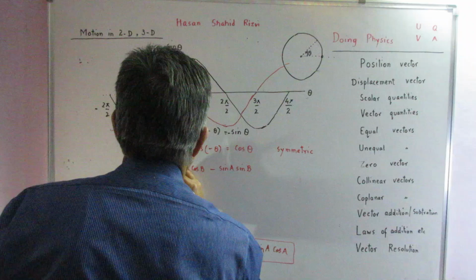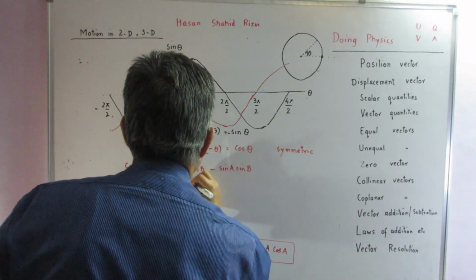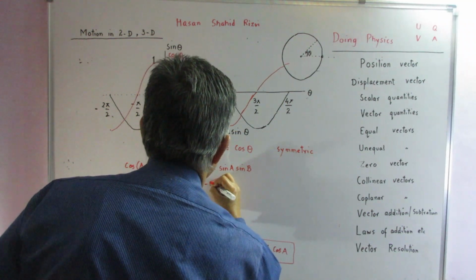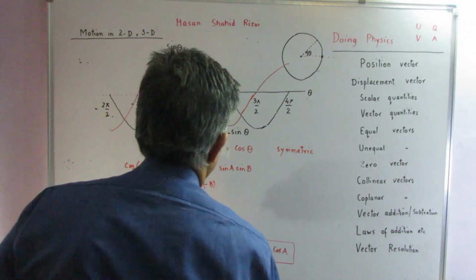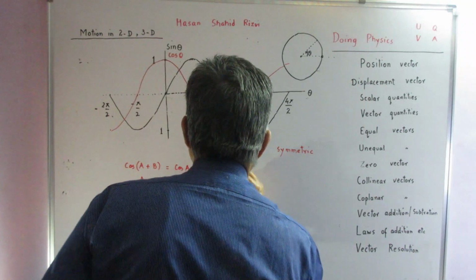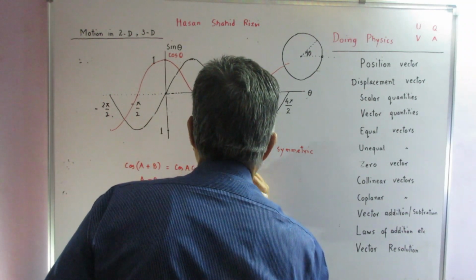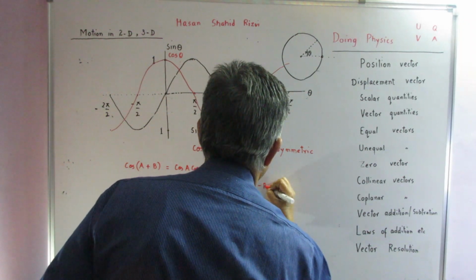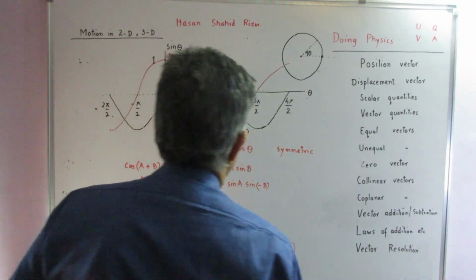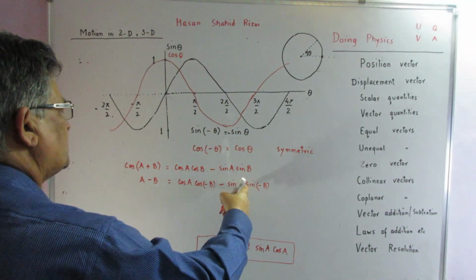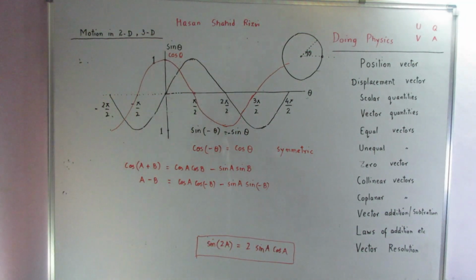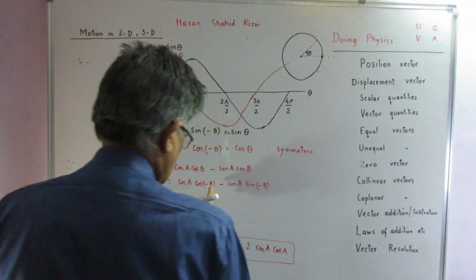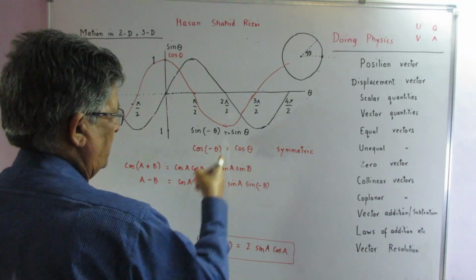Similarly, I can write cos of A cos of minus B, and here it will be minus sine of A sine of minus B. So this sine of minus B is equal to minus sine B, and therefore this becomes a plus sign. And this cos of minus B is equal to cos of B from here.